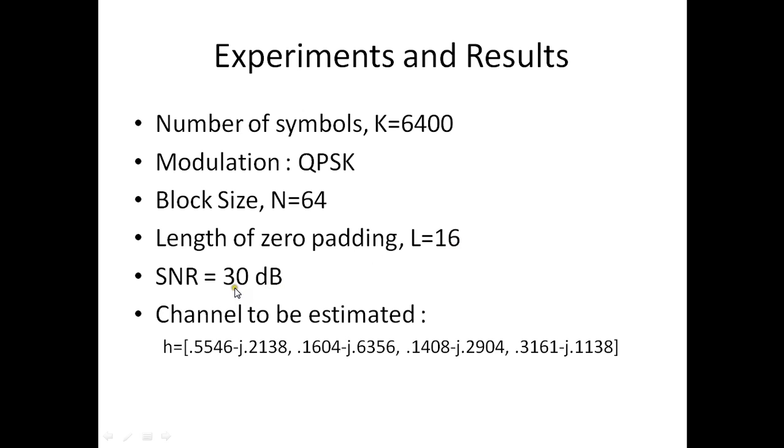The SNR of the signal after the noise is added is 30 dB, and the channel to be estimated is this: minus 0.5546 minus j 0.2138, 0.1604 minus j 0.6356, 0.4008 minus j 0.2904, 0.3161 minus j 0.1138. The reason for choosing this channel in specific is that it exhibits frequency selective fading and it is complex in nature.